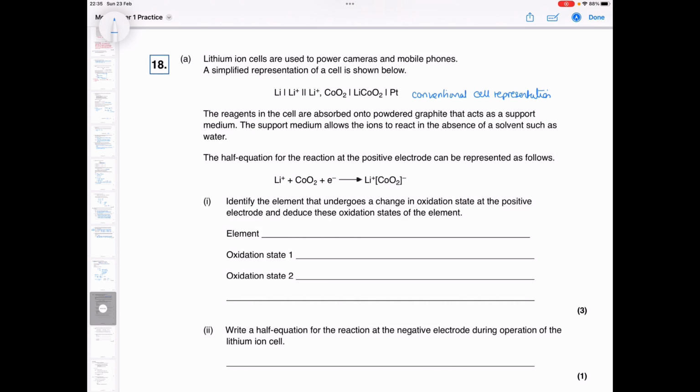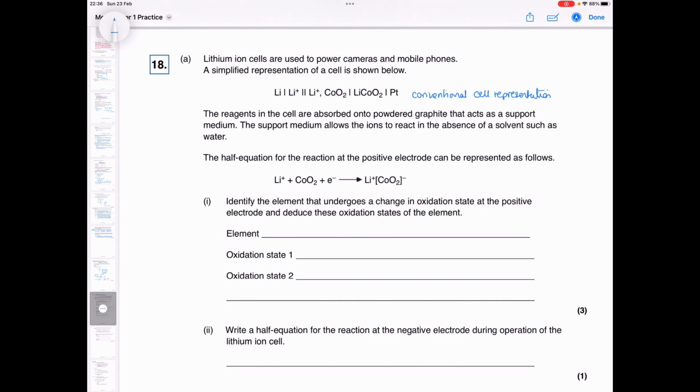The reagents in a cell are absorbed onto powdered graphite that acts as a support medium. The support medium allows the ions to react in the absence of a solvent such as water. The half equation for the reaction at the positive electrode can be represented as follows.